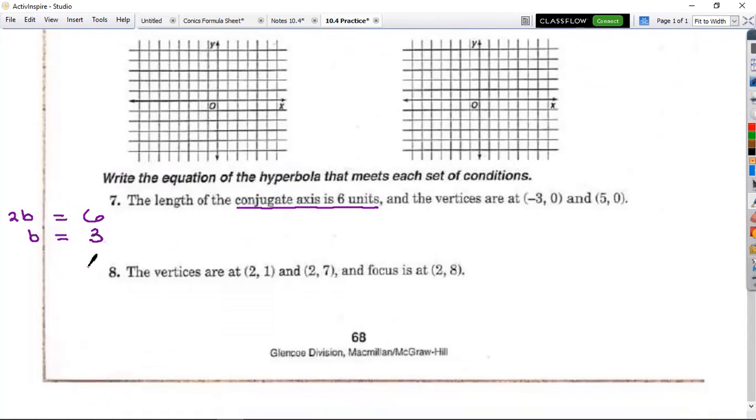Next thing I see is that you have vertices at -3, 0 and 5, 0. I'm going to find some space to draw a bigger picture. We have -3, 0 and 5, 0.